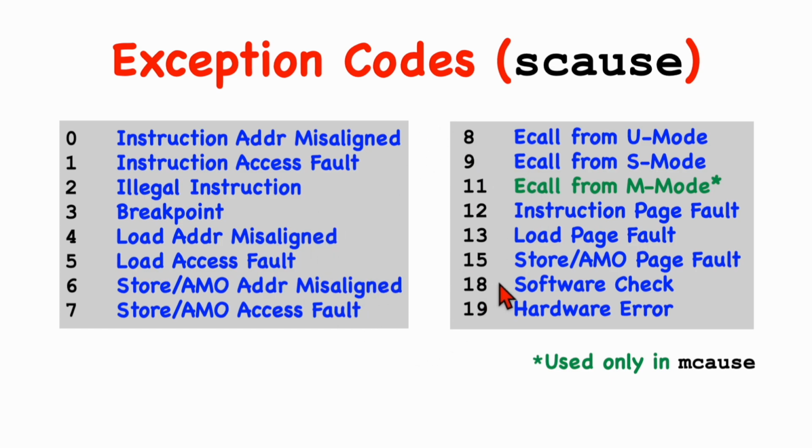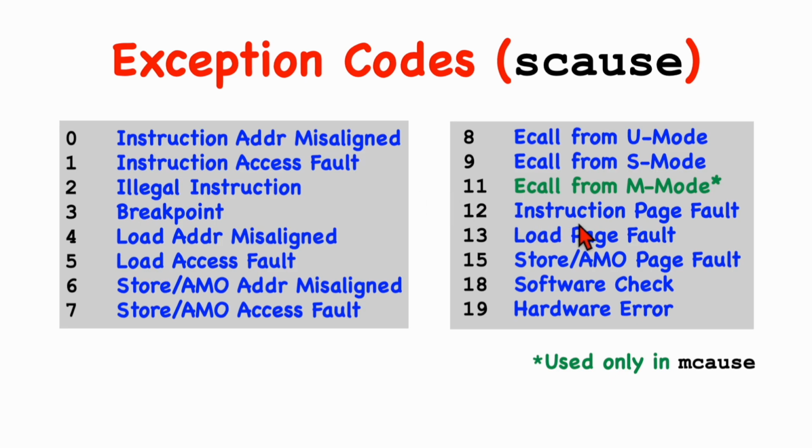I just wanted to walk through and list all these exceptions that can happen to show you what sorts of exceptions can happen with RISC-V. Instructions have to be properly aligned, and so there's an exception for instruction address misaligned. We could also have some sort of a problem when we try to access the memory, so we have instruction access fault.